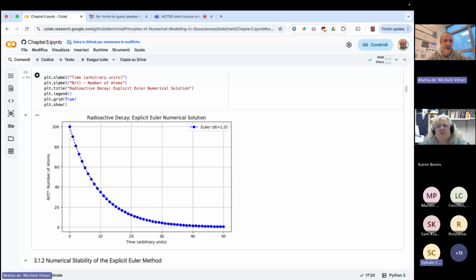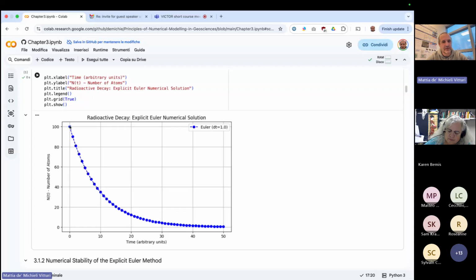Okay, so before running the simulation with an increased time step, what do you expect that could happen if we increase that? Do you think that it will always work?